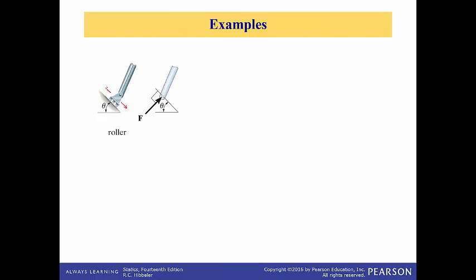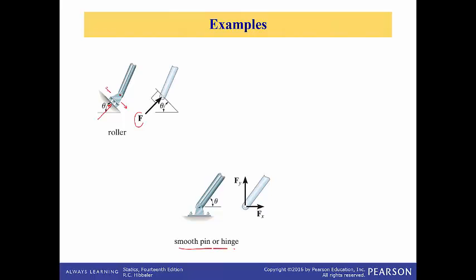There's nothing that prevents it from moving. But then in this case, you have no translations in this direction, and so this is your reaction force. In the roller case, you have something that allows it to rotate, so there's no moment. The same thing whenever we have a smooth pin.